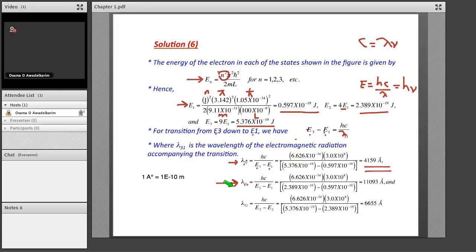And then for emission from E2, the first excited state, to the ground state, again lambda is hc over the difference in energy, and that gives us 11,093 angstroms. And if we get E3 to E2, again, if we substitute, then we get 6,655. These are 3 different photons for 3 different wavelengths, so they're of different colors.